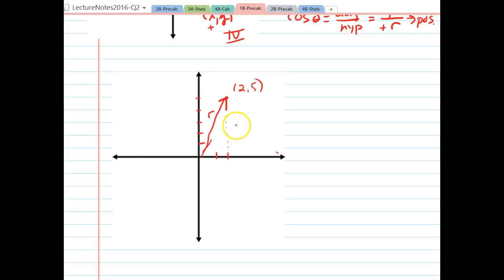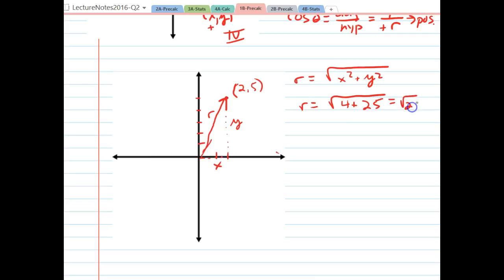There is my y value, and along here is the x value. So basically I've got a positive 2 and a positive 5. I can find the r value by taking the square root of x squared plus y squared, again Pythagorean's theorem. So the hypotenuse is going to be the square root of 4 plus 25, or root 29.